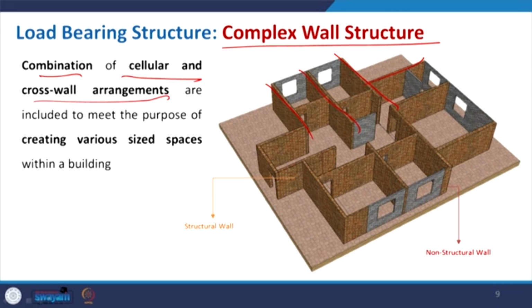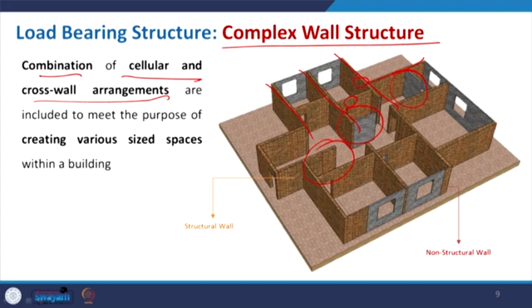Here you can see the irregularity of the space, where some spaces are being created for some privacy or for some storage. They are not essentially taking any load of the slab or contributing to the load transferring. All these brick colored walls, which are the structural walls in this particular arrangement, will be responsible for this. So, this is the complex wall structure.